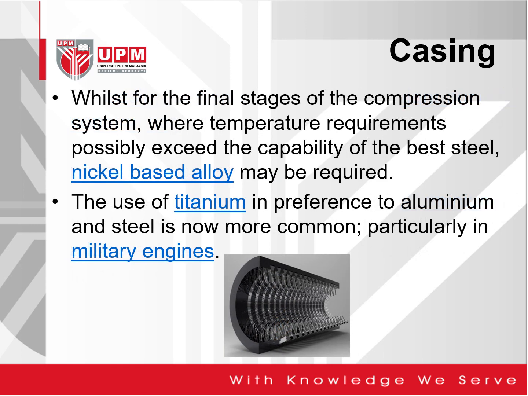Whilst for the final stages at the rear side of the casing of the compression system, where temperature requirements possibly exceed the capability of any known steel, nickel-based alloy materials may be required. The use of titanium in preference to aluminium and steel is now more common, particularly in military engines.